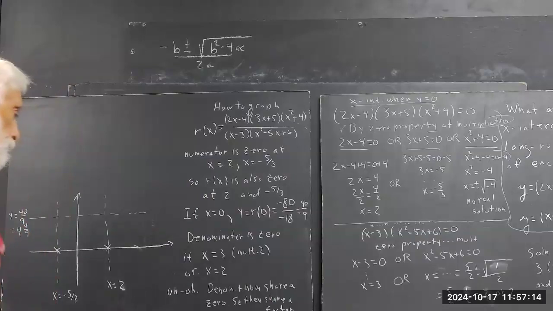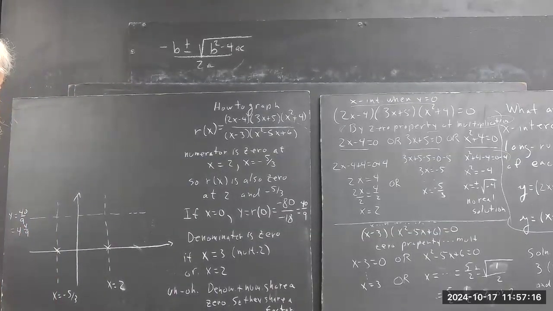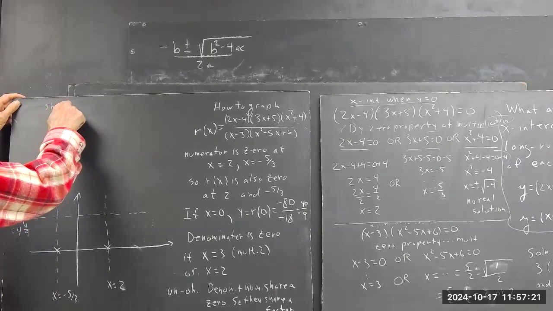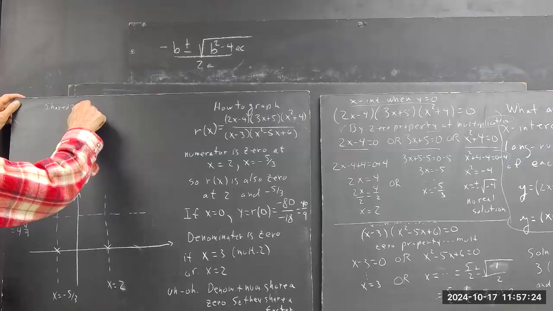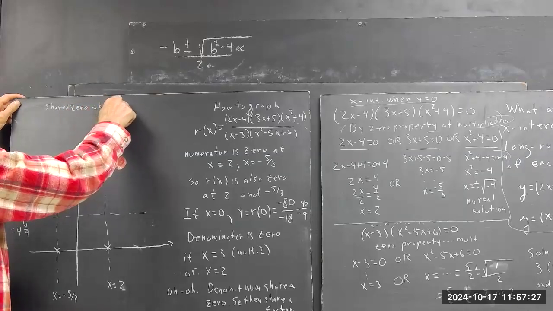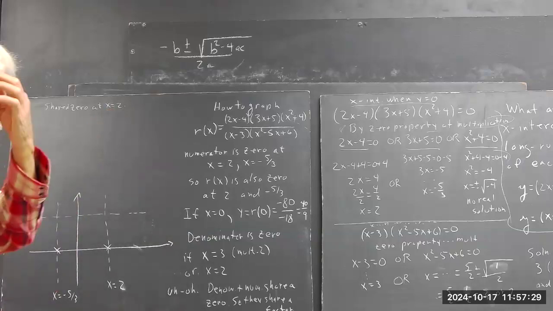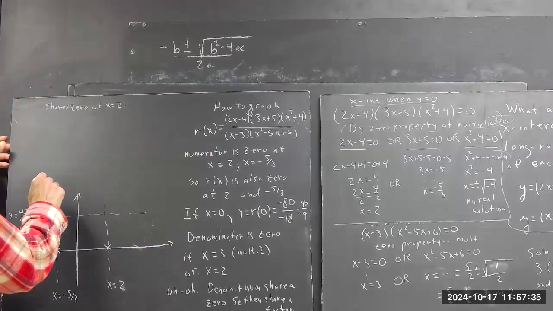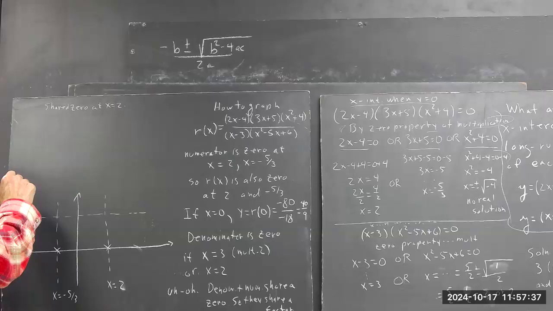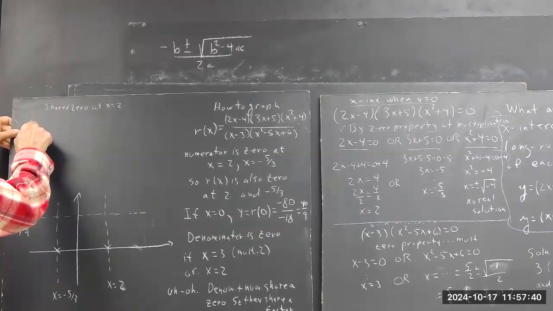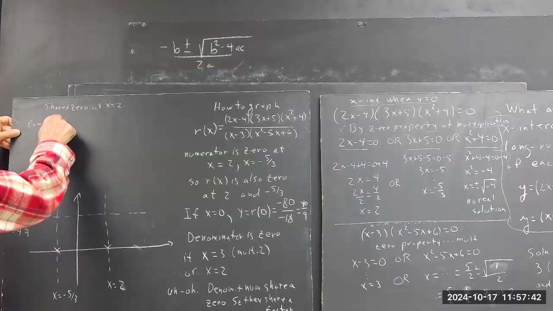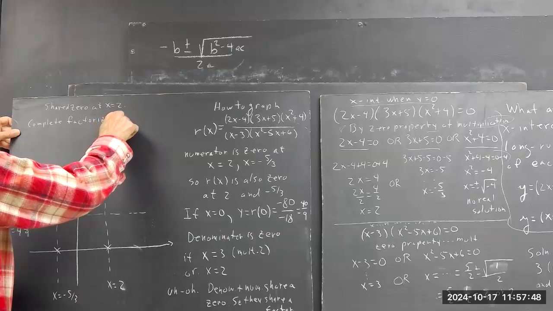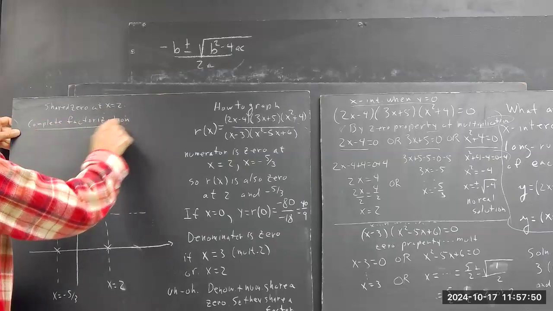They share a 0, so they share a factor. Well, if we write this thing in completely factored form, we have a complete factorization.